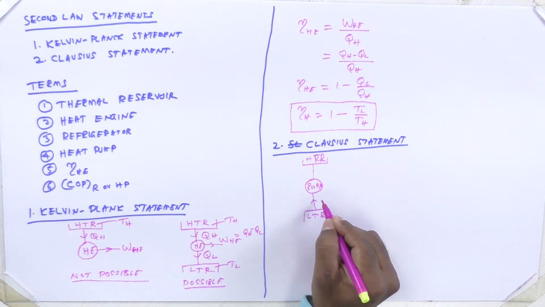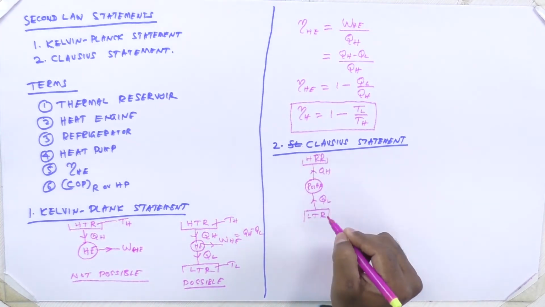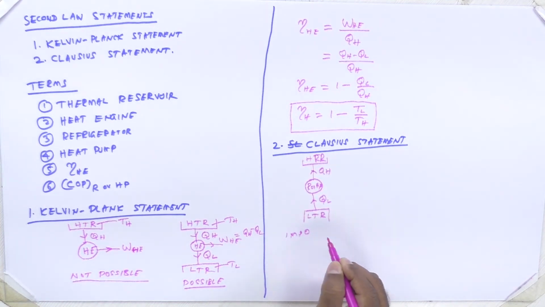So it is taking heat QL from here and QH is the heat given to it. It is impossible to transfer the heat like this. So this is an impossible device according to the Clausius statement.